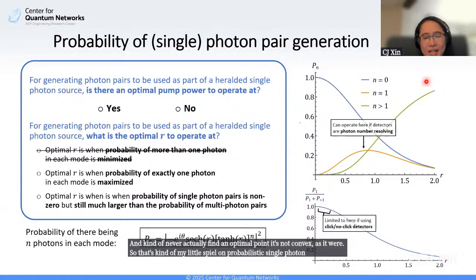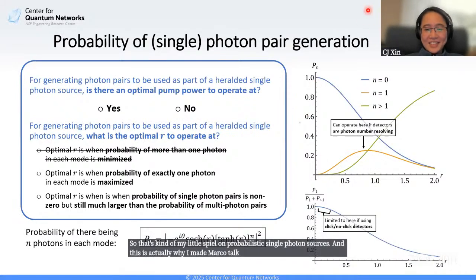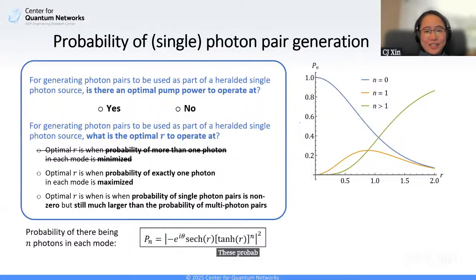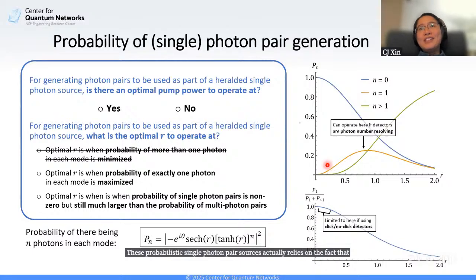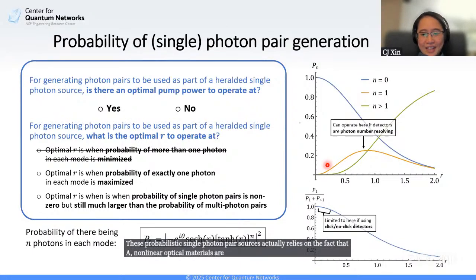And this is actually why I made Marco talk about the lasers, even though he wanted to skip it. These probabilistic single photon pair sources rely on the fact that A, nonlinear optical materials are not that hard to find, and B, we now know how to make lasers pretty well, so we can pump these materials.